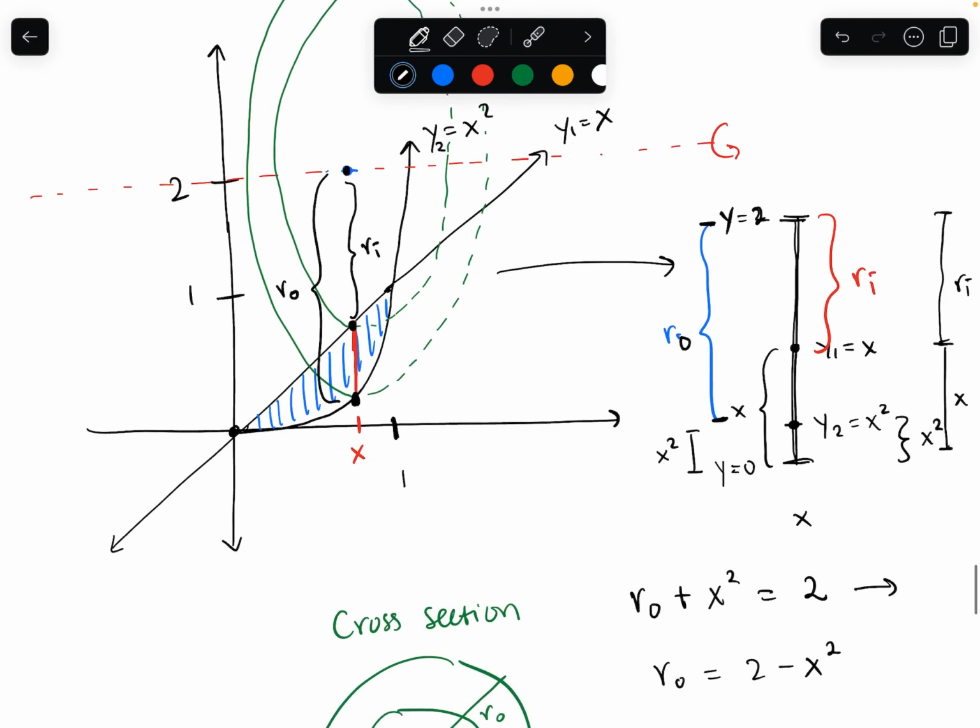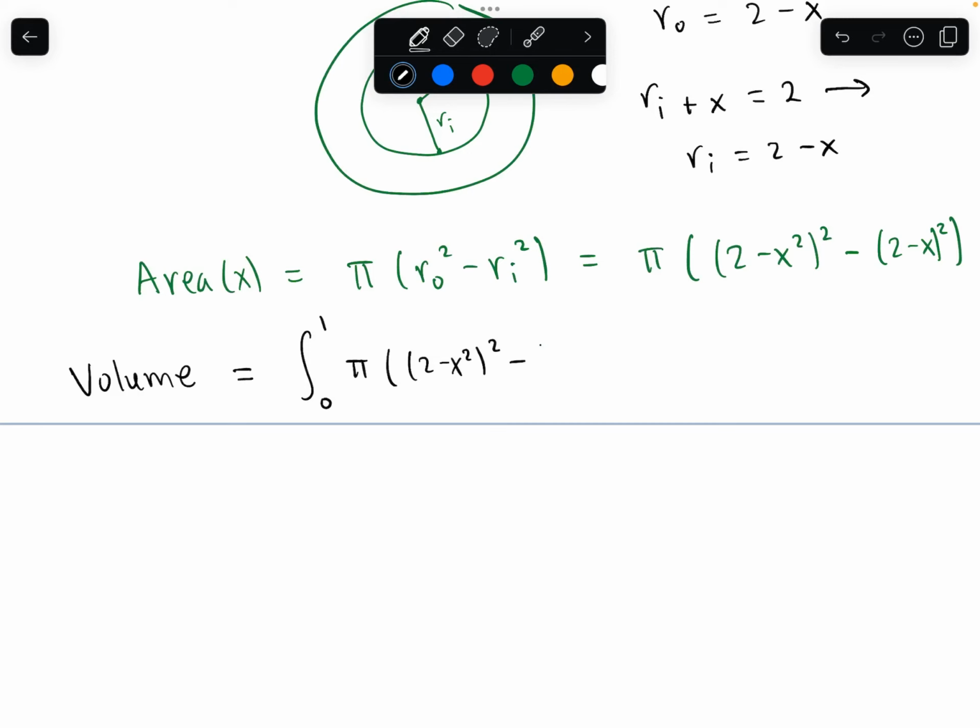The cross-sectional area, which is (2 minus x squared) quantity squared, minus (2 minus x) squared, dx. And now I'll leave this part as an exercise to you to finish that computation. You just multiply out the polynomial and do it. It's not bad, but I don't want to do it.